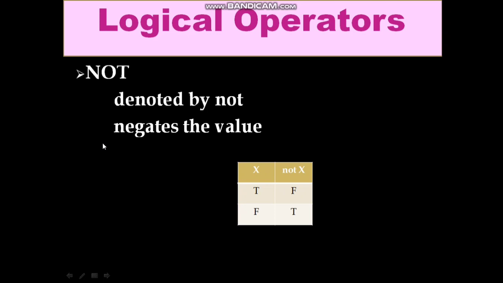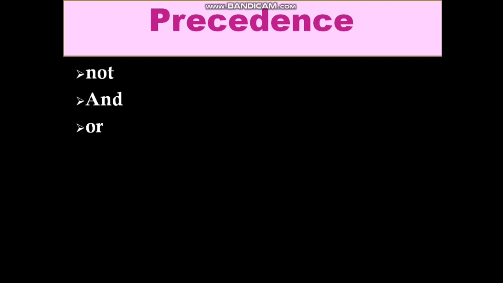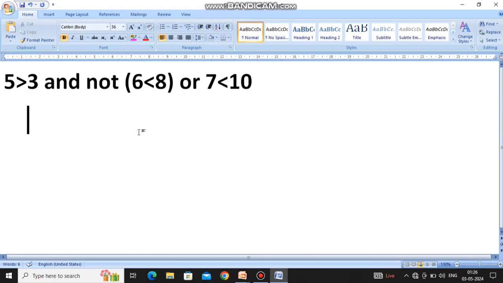Now we are going to see precedence in logical operators. When you have multiple logical operators in one expression, we give priority to the NOT operator first, followed by the AND operator, then the OR operator. Now let's check this with an example. Here we have an expression where you have all the logical operators. As we discussed, NOT has the highest precedence, so this part of the expression will be evaluated first.